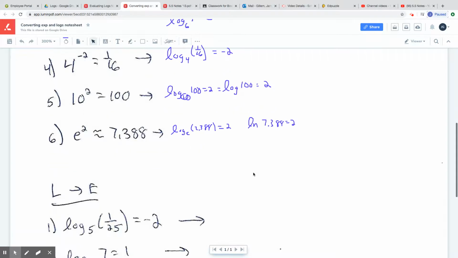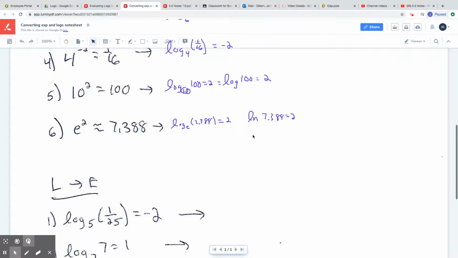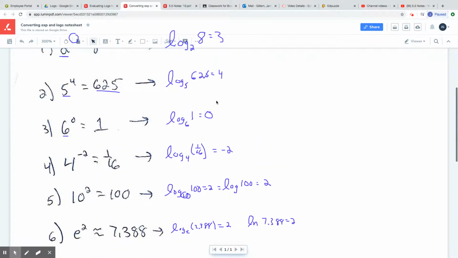Now to do it the other way. If I want to convert this to an exponential, it's almost going to be something like left, right, left. Remember, this base, if you go back up here, turned into the base of the exponential. What was on the right is the exponent, equals back over here to the left. So it's going to be left, right, left.